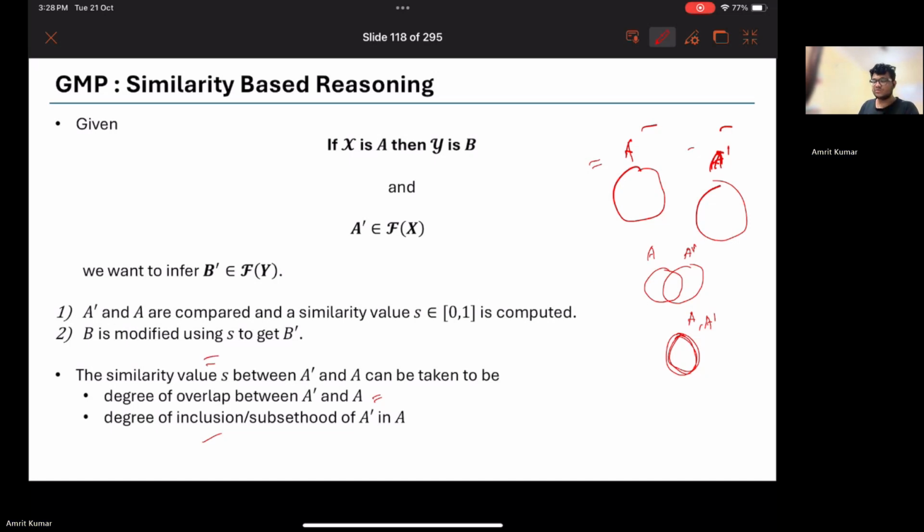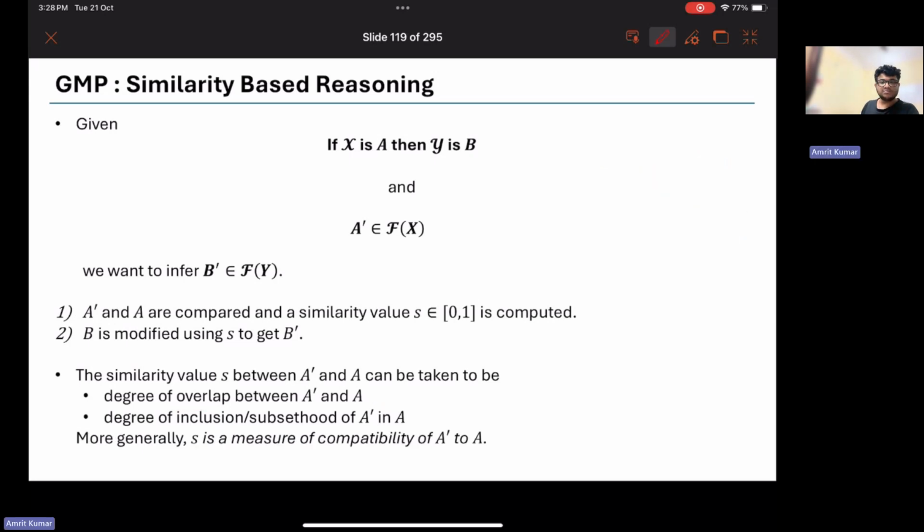So the idea is that the similarity value S, which is supposed to capture how well A dash matches A, can be taken as the degree of overlap between A dash and A, or it can also be taken as the degree of inclusion of A dash in A, right?